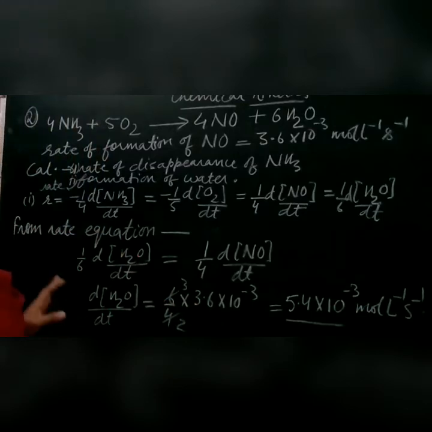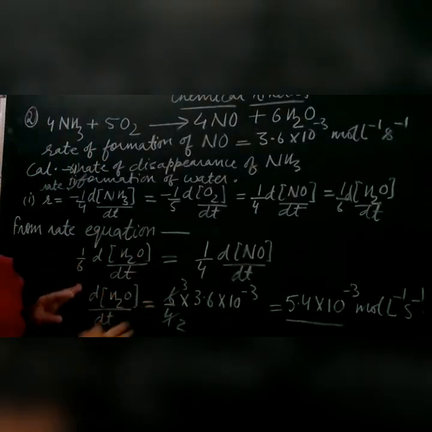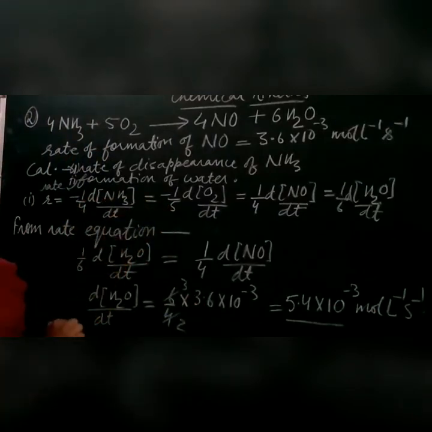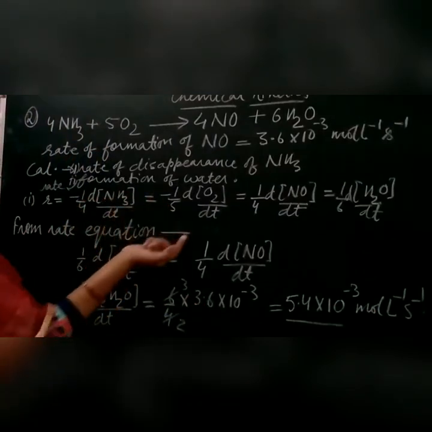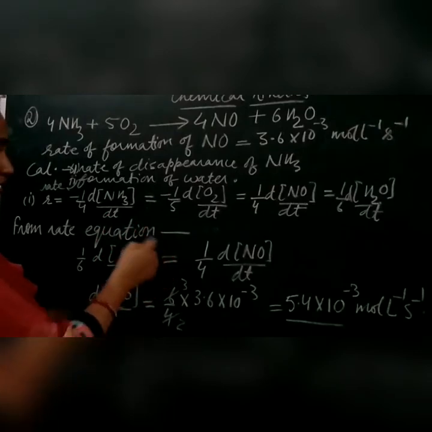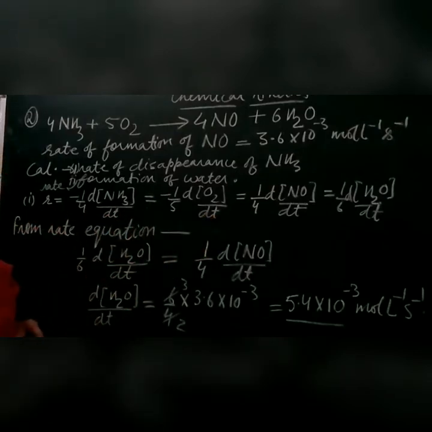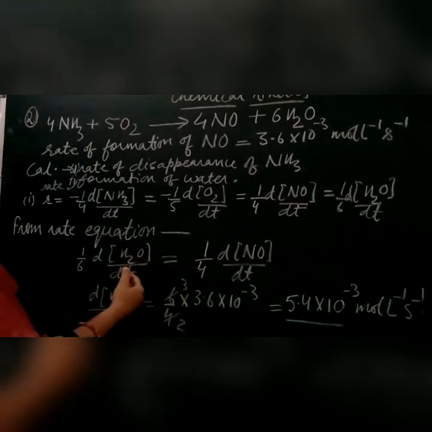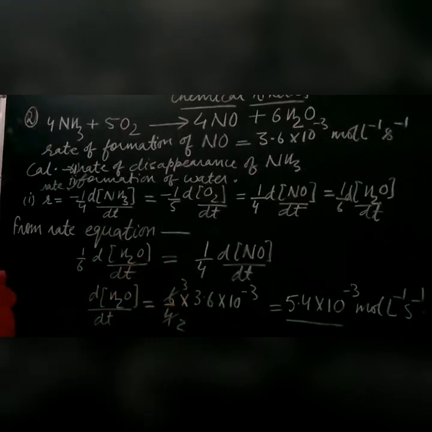So students, the main point to be considered here is that you have to correctly write down the rate equation, right? If you make any mistake in writing the complete rate expression, then you will not be able to write the correct relation between the two terms, whether it is the rate of appearance of the two species, or rate of disappearance of the two species, or rate of appearance with the rate of disappearance of the species, right students?